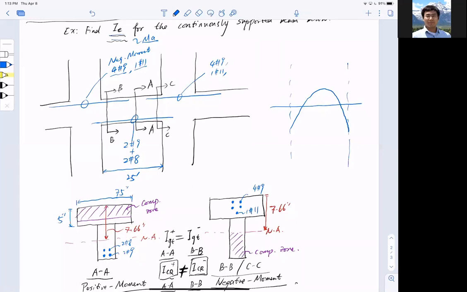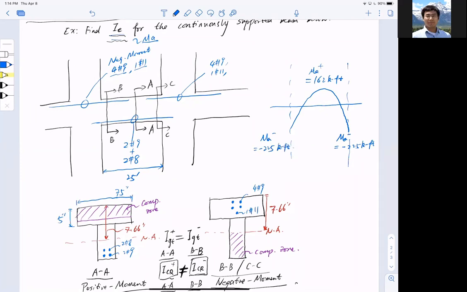And let me give some numbers. I will have an MA positive in the middle span of positive 162 kip-foot, and MA negative at the support equal to negative 225 kip-foot, both.